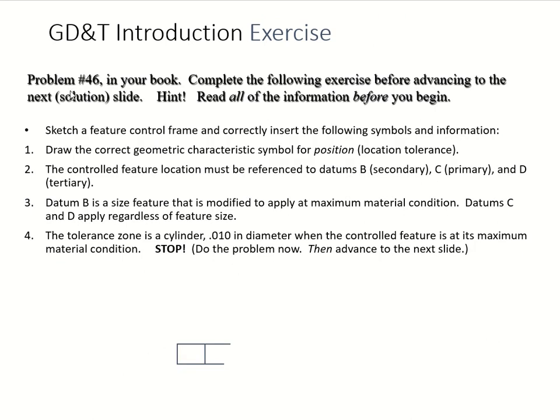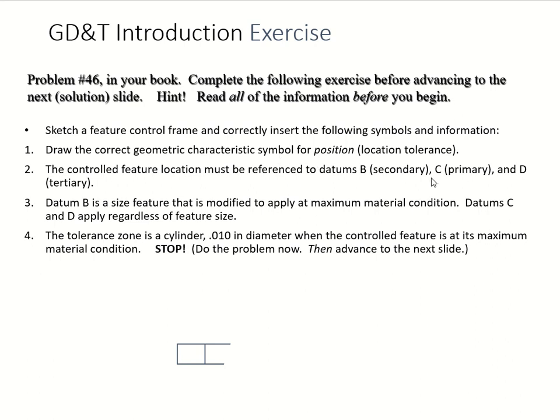So in your book, you go to problem 46 and you're going to see the same thing here. And of course, here I'll just show you how to do it, so when you study, you can get this. It wants you to sketch a feature control frame. So your feature control frame is a little box, and then you go in order according to what your question gives you. You're going to insert the following symbol information. You have to draw the correct geometric symbol, position, which is given to you.